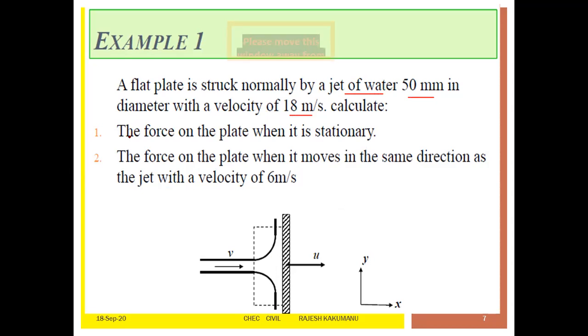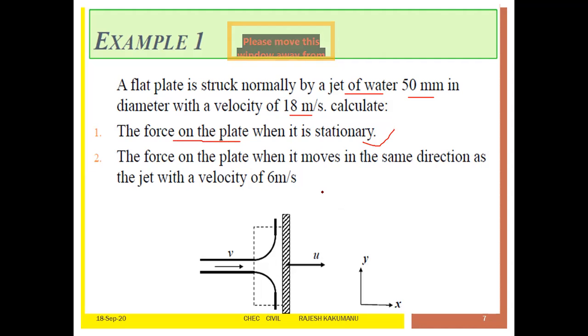Calculate the force on the plate when it is stationary. Second, the force on the plate when it moves in the same direction as the jet with a velocity of 6 meters per second. So the first case is when the plate is stationary.